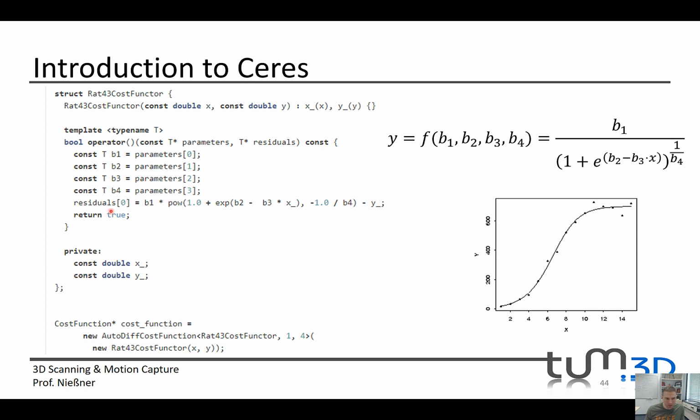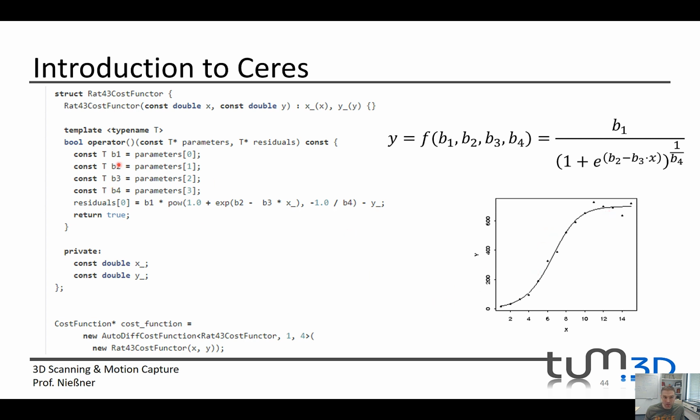So 1 residual, 4 parameters. What this means is now we have these parameters here, and then what we're doing is we're just computing the function here, which is this function, right? And then you're just writing this one out as a residual. And what this means now is Ceres knows for this function, the function gets x and y respectively. These are the points that you want to fit it to.